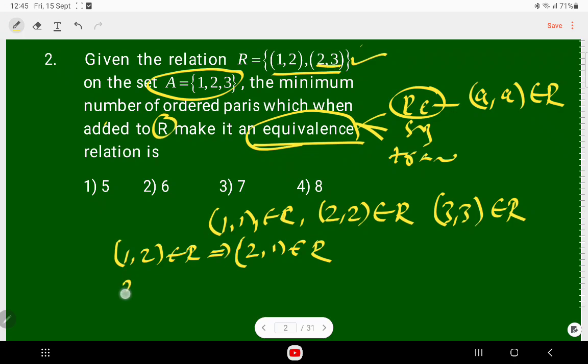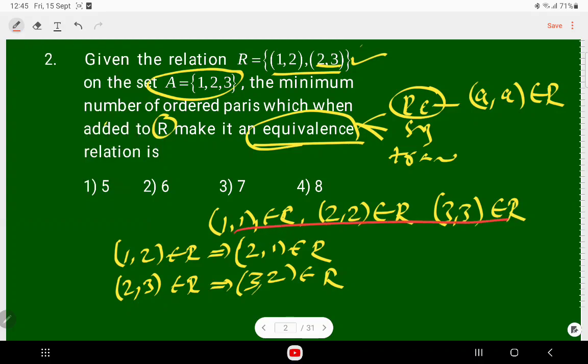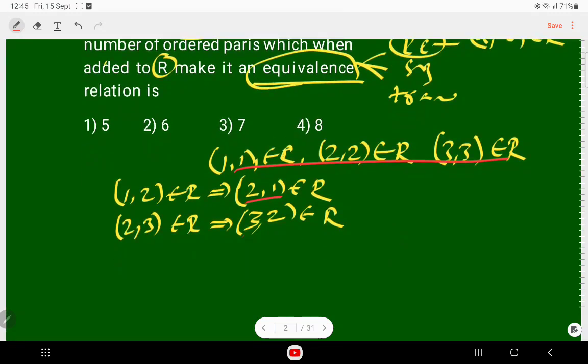And again (2, 3) is there, no? (2, 3) is in R, so (3, 2) also must be in R. Clear? So now we have 3 ordered pairs for reflexive and 2 original ordered pairs. In total we have 5 ordered pairs.